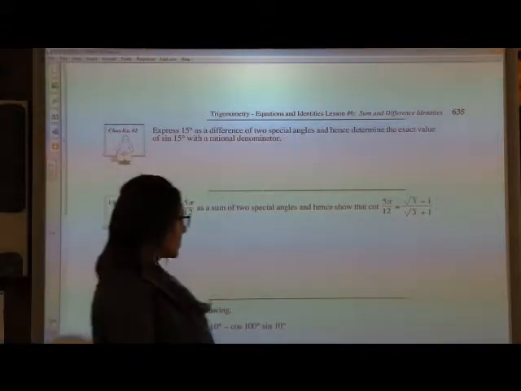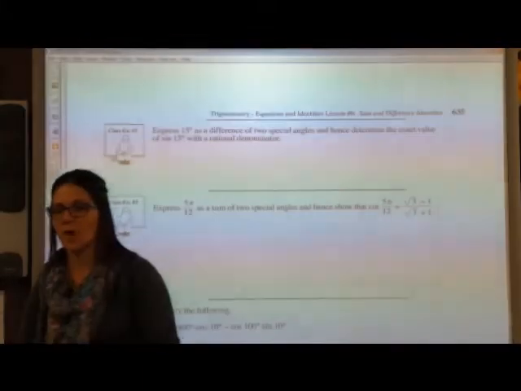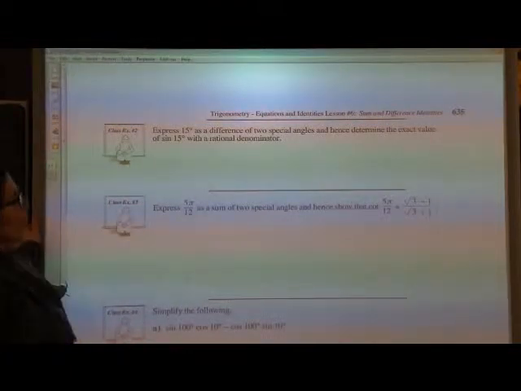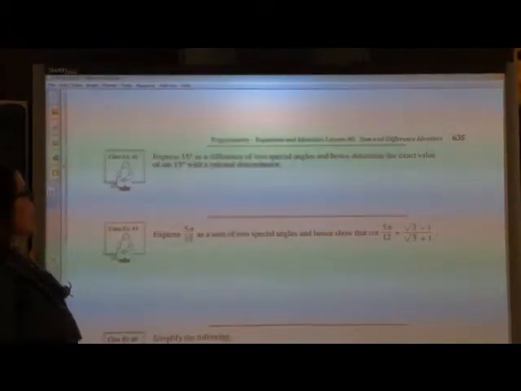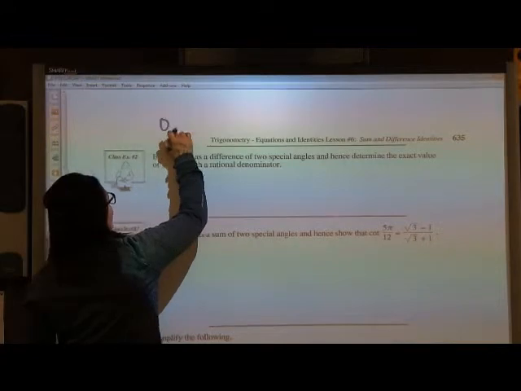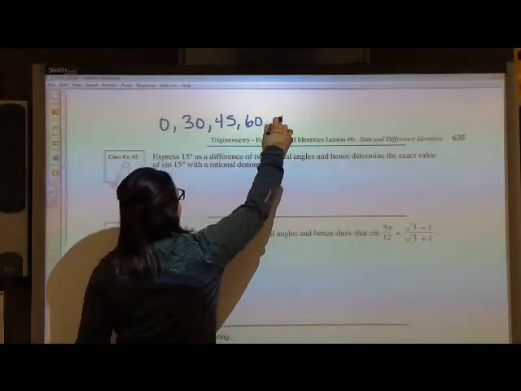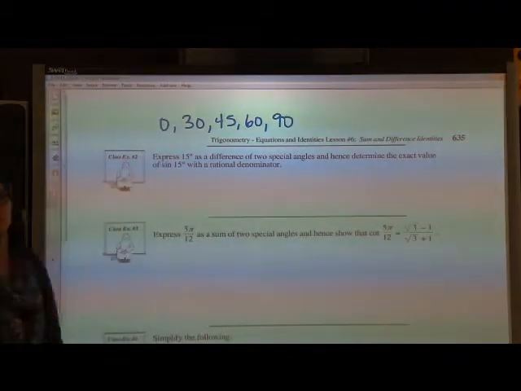So the first one is exactly what I was talking about before, 15 degrees. Express 15 degrees as a difference of 2 special angles, and then determine the exact value of sine 15 degrees with a rational denominator. When they're talking about your special angles, we're talking about 0, 30, 45, 60, and 90.